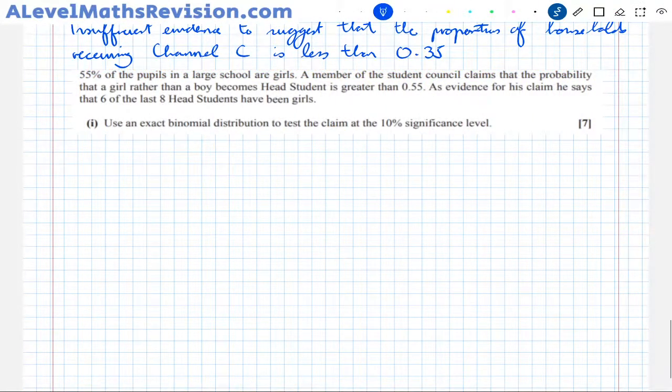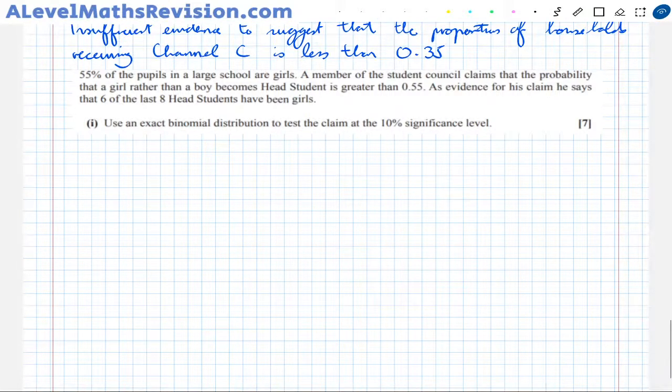So 55% of pupils in a large school are girls. A member of the student council claims that the probability that a girl rather than a boy becomes head student is greater than 0.55. As evidence for his claim, he says that 6 of the last 8 head students have been girls. Use the exact binomial distribution to test the claim at the 10% significance level.